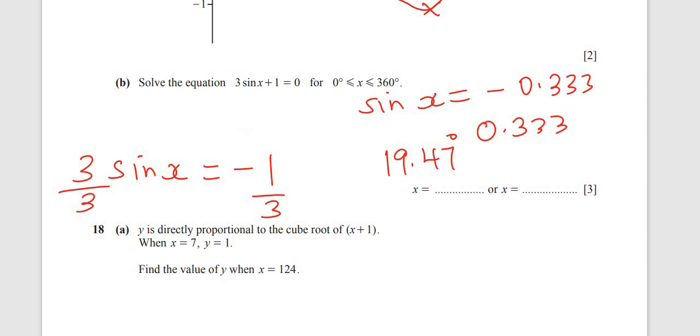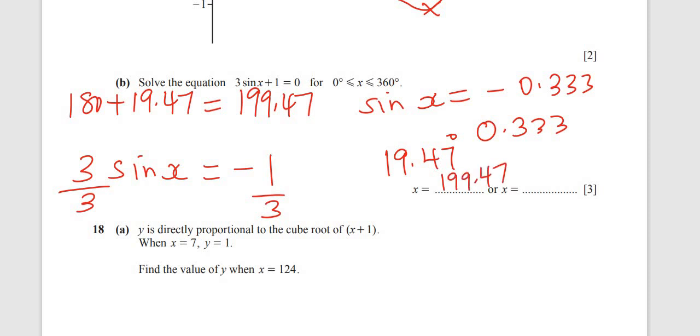So we need to do 180 plus 19.47, which is going to be 199.47. So that is the first angle, 199.47. Then to get the other angle, we need to take away 19.47 from 360 degrees.